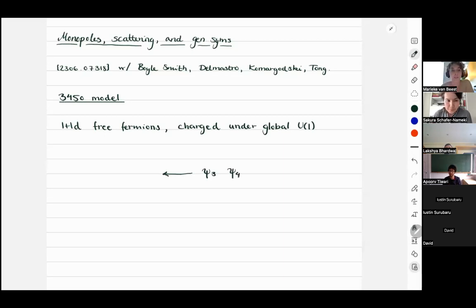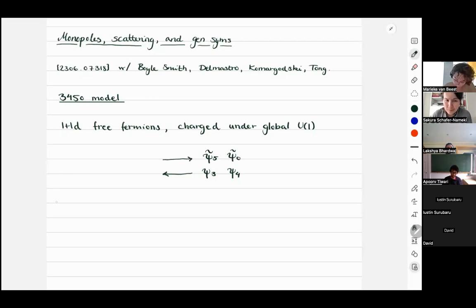The label here refers to the charge under the global U(1). So we have a left-moving fermion of charge 3, one of charge 4, and then we also have two right-moving fermions. I'm going to give them tildes to indicate that they move to the right, and they're going to be psi5 and psi0. Okay, so that's basically the model.